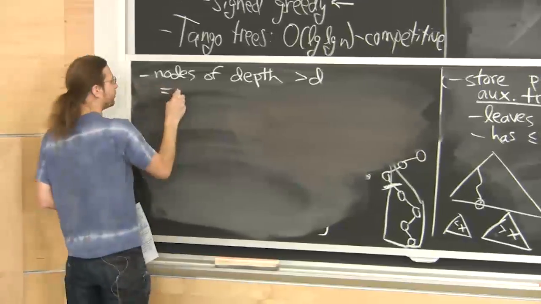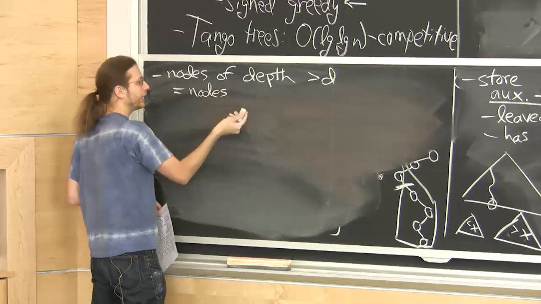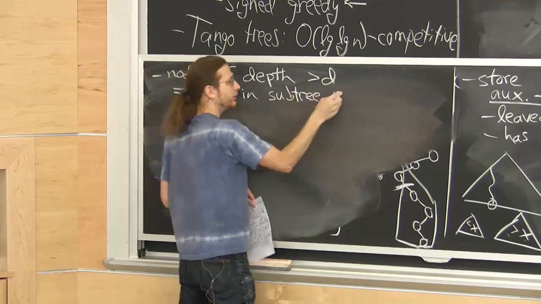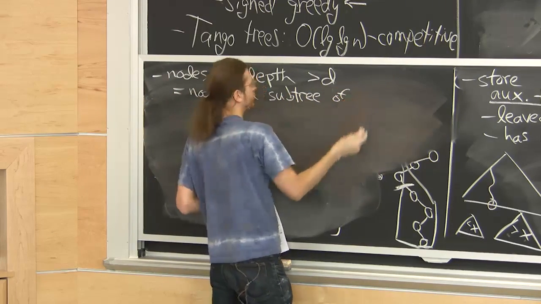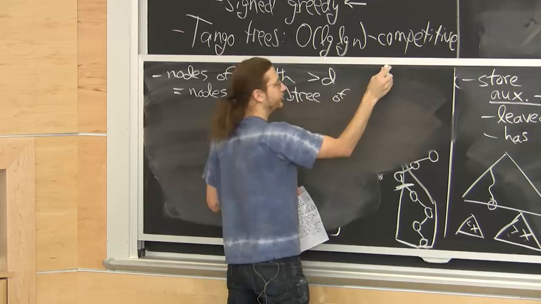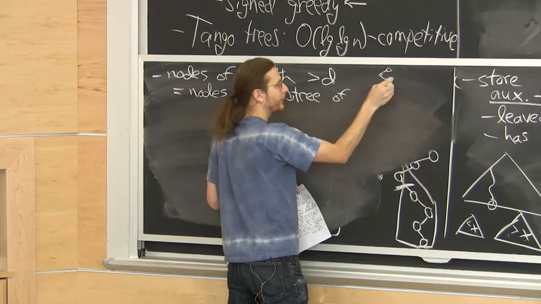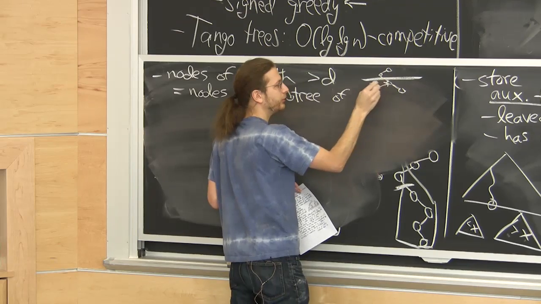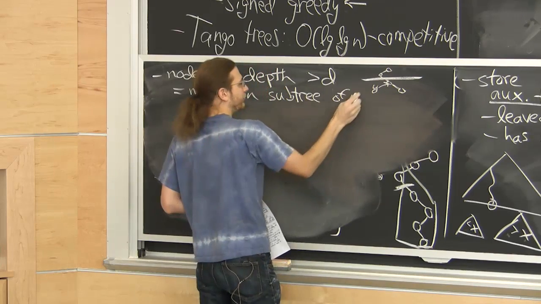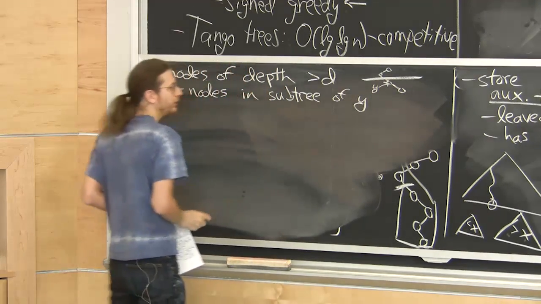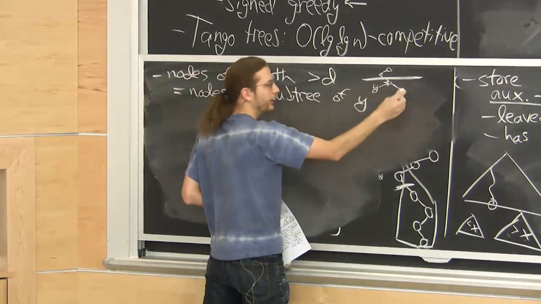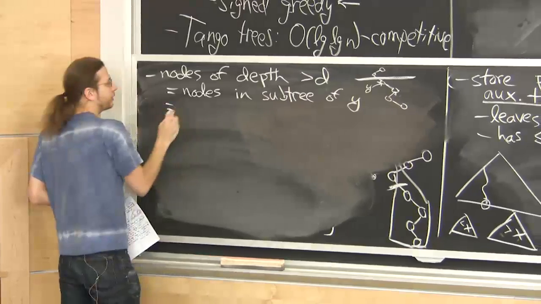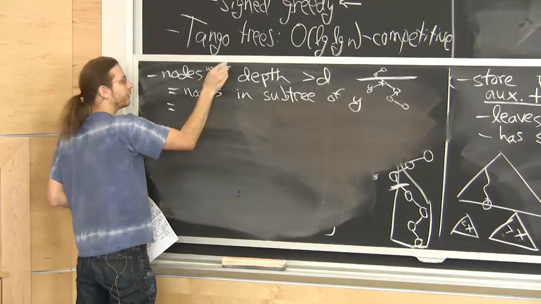These are equal to nodes in the subtree of that. So I've got to give it a name. Let's say I want to cut here. So I'm going to look at this node y. This is nodes in the subtree of y. All of the nodes that are below y are obviously going to have smaller depth in that path. This is nodes in a path.